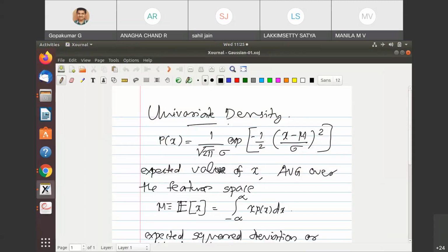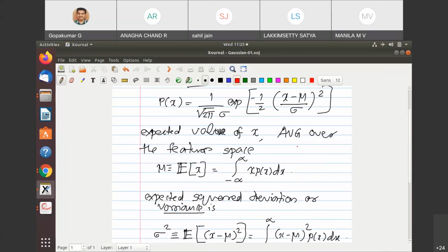So we have a univariate density, and as we know, this is a probability function. So what is going to be the expected value of x? It is the average over the feature space.